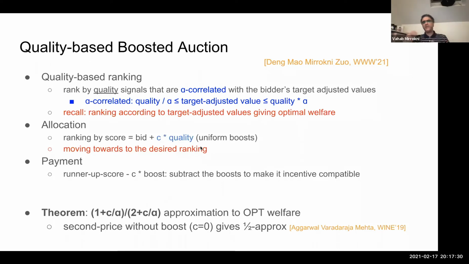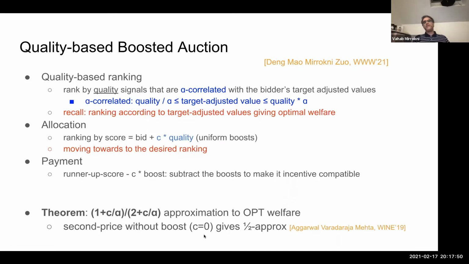And then the payment would be similar to a VCG or GSP type auction. Under this change, if the quality metric is really correlated with the target adjusted value, the value of the equilibrium improves from the 1/2 approximation where we have C equal to 0.